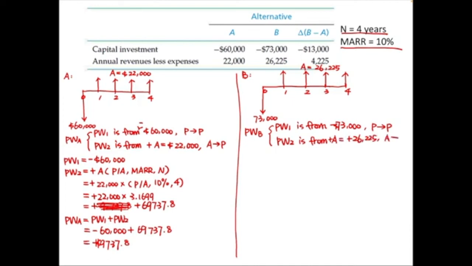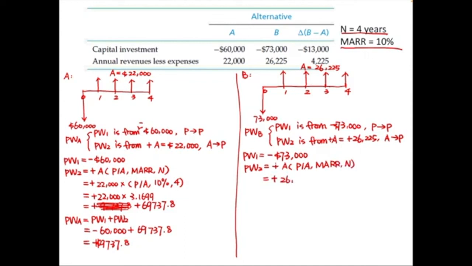So you want to convert annuities to present worth. So your PW1 is already present worth, so you don't have to convert anything. Just copy the number. Don't forget about the negative sign. PW2 is positive A times P/A, MARR, N.